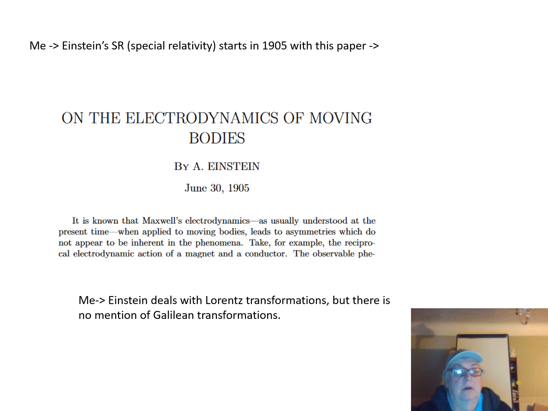Looking at Einstein's special relativity paper of 1905, it was called On the Electrodynamics of Moving Bodies. Einstein deals with Lorentz transformations, but there is no mention of Galilean transformations.